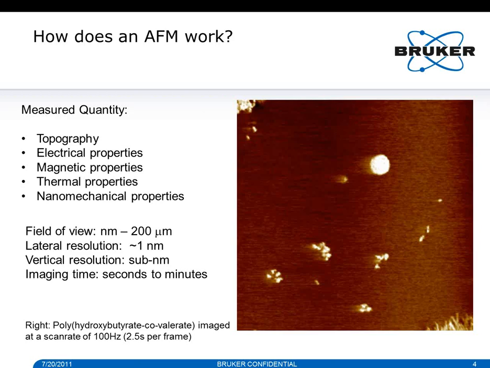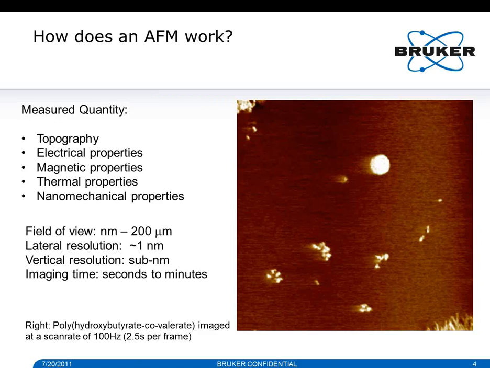In optical terms, a field of view is typically a few nanometers up to 100, 200 micrometers in XY, and typically 10 to 20 micrometers in Z. Lateral resolution is around 1 nanometer or so. The vertical resolution is sub-nanometer, and the imaging time is seconds to minutes.